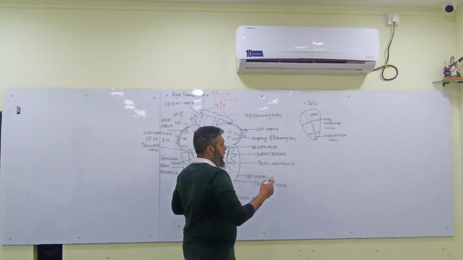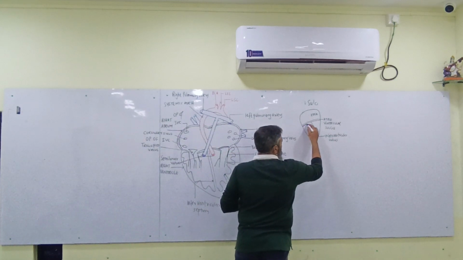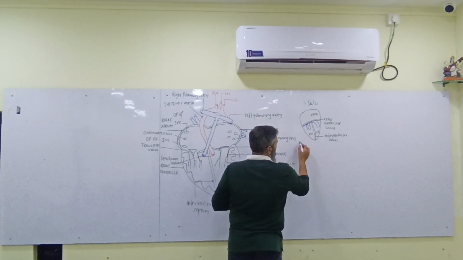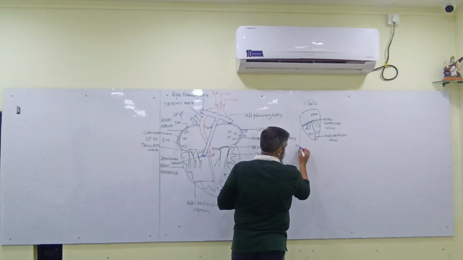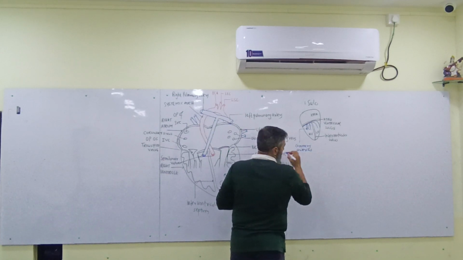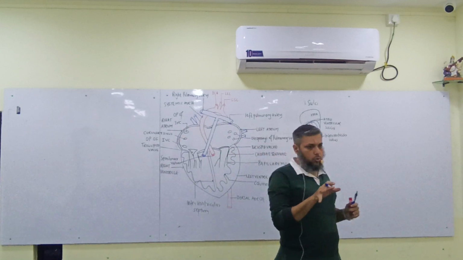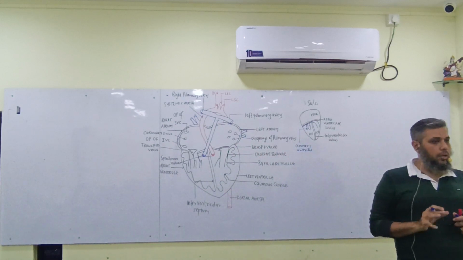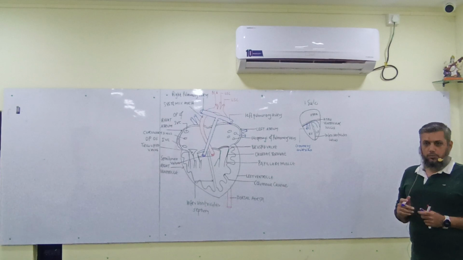And these sulci and many more show the presence of blood vessels on them. Okay, which are called the coronary arteries. So what passes through the sulci? Coronary arteries of the heart.